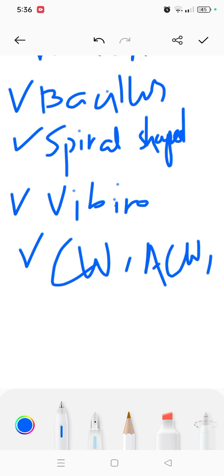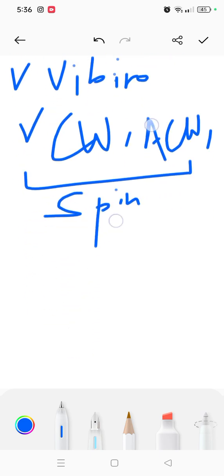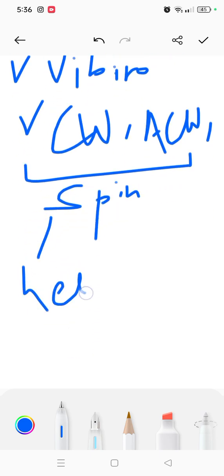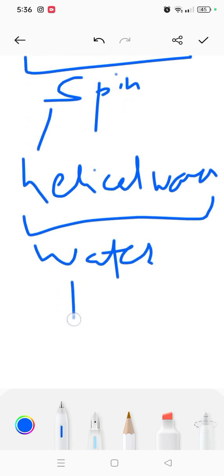They have helical movement. When they spin they form helical waves, and helical waves are produced when they are in water. They propel the water, because they produce waves like that, which are helical waves. So they make them move in water. And we have a lot of types.